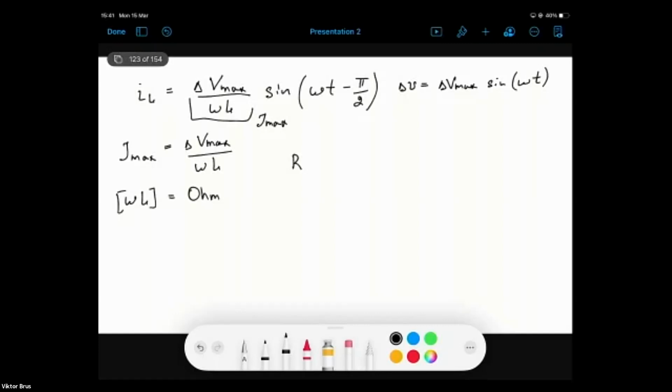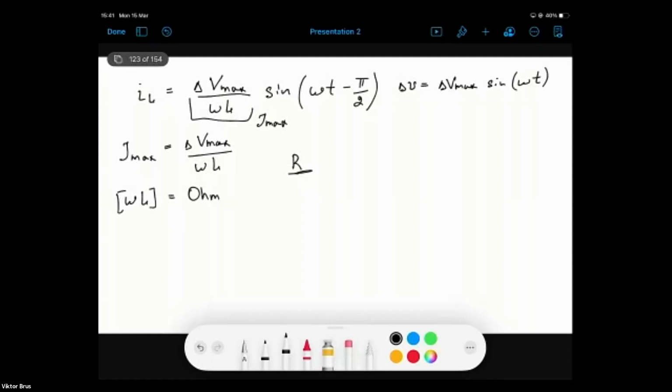This opposition to electric transport of electric charge depends on frequency. So we know that active resistance is constant, it is frequency independent. However, here in this denominator, this product of omega L, here we have omega, and the higher the frequency, the larger the reactance, this opposition to electric charge motion.